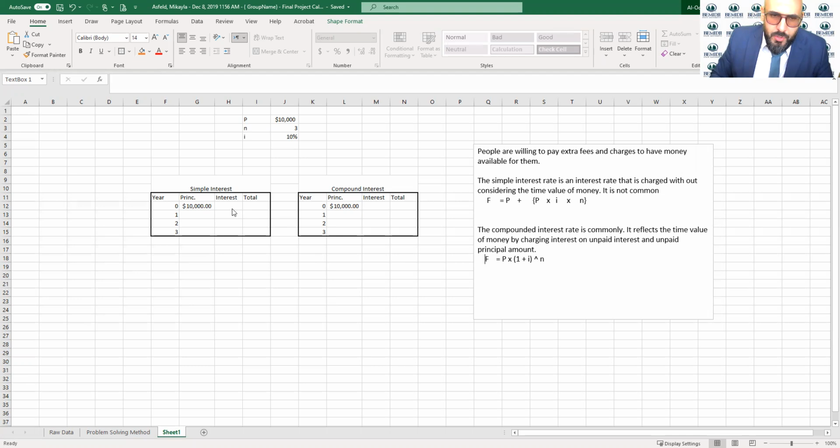For the simple interest rate, we started with $10,000. We have 3 years as a period, and the interest rate is 10%.